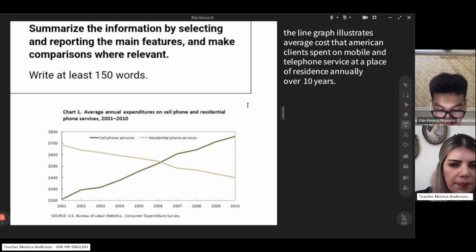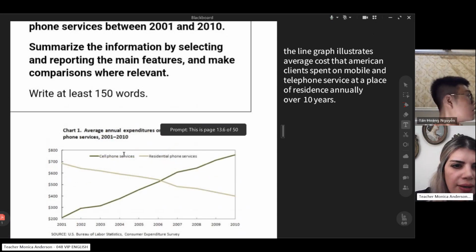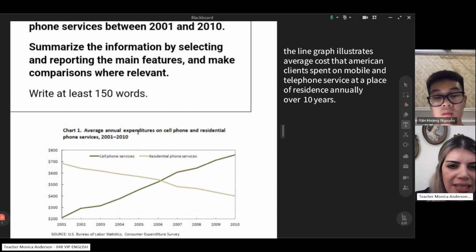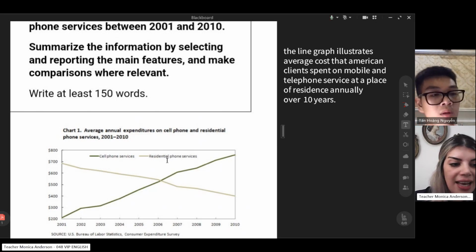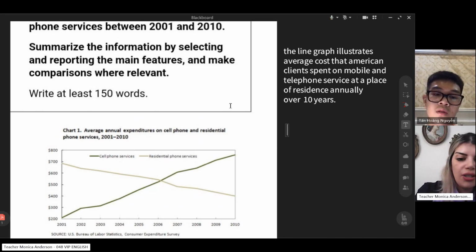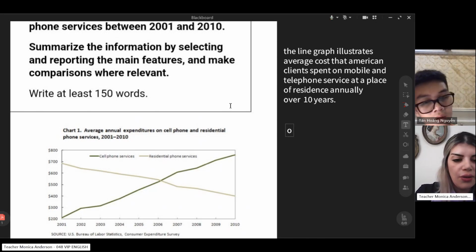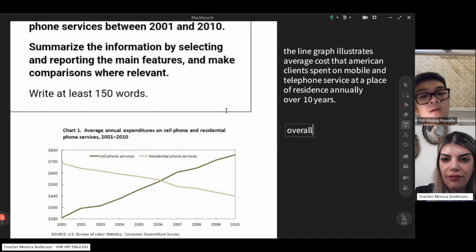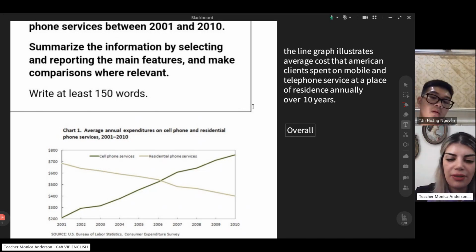As you can see, spending on residential phone service declined and reduced. So we can say overall, of course this should be in capital letter, but now it's better. And don't forget to put a comma because that is really important.